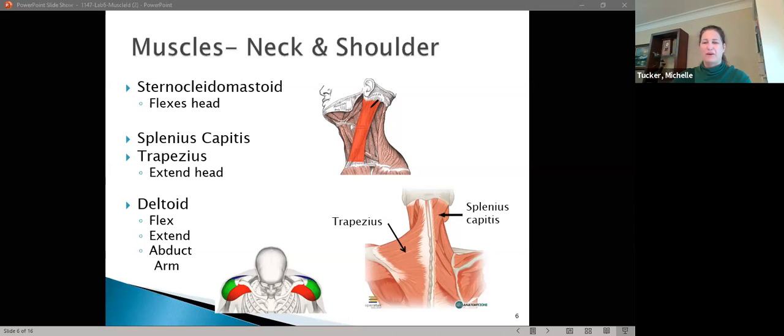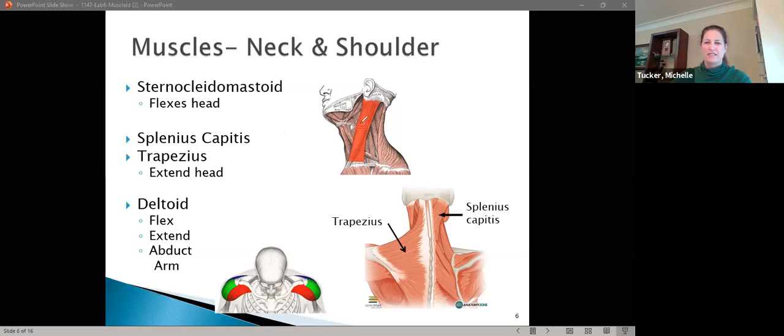It's a very popular muscle with anatomists because it's named properly. It's named by its attachment points, which are to the sternum. Cleido means to the clavicle, and then mastoid is the mastoid process of that temporal bone. So it's a common muscle to see again on quizzes and lab exams, and just in general for examples of muscles.